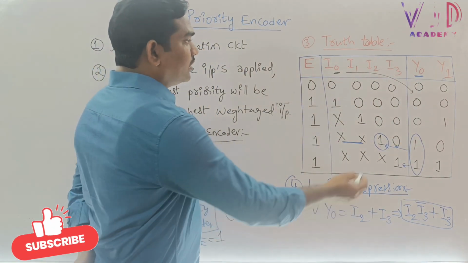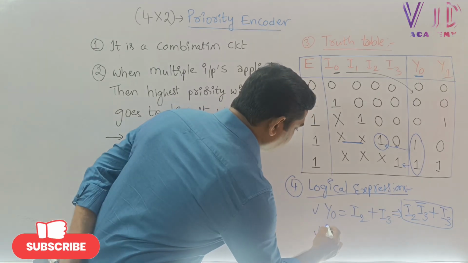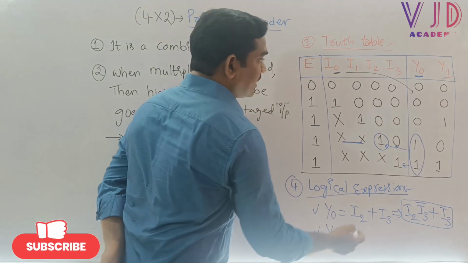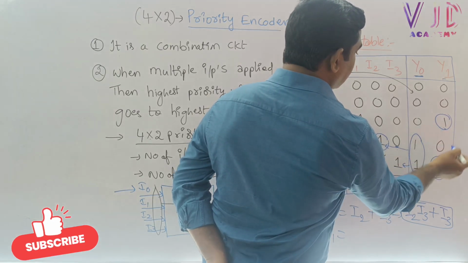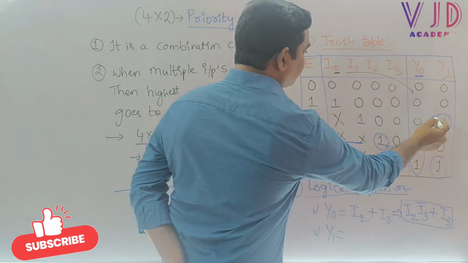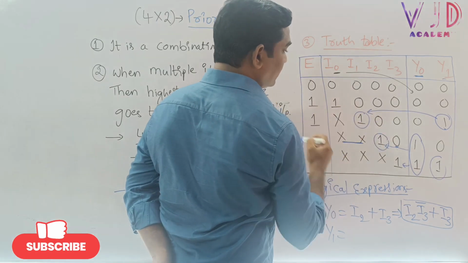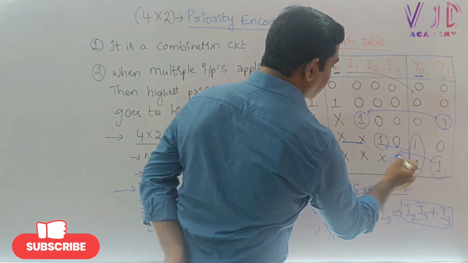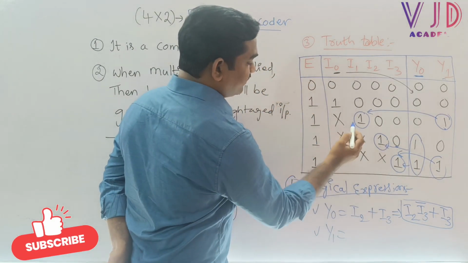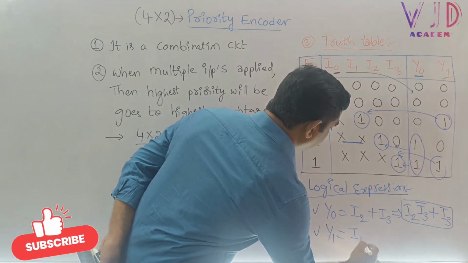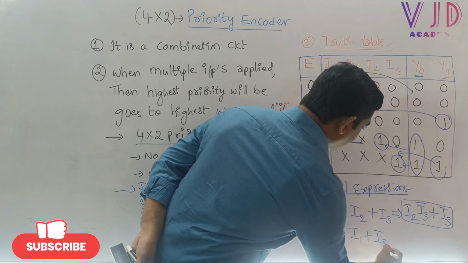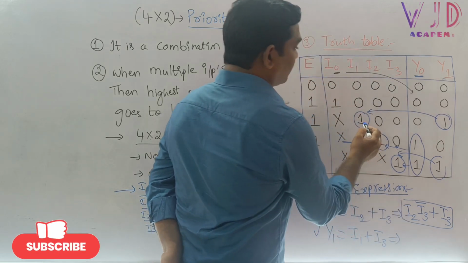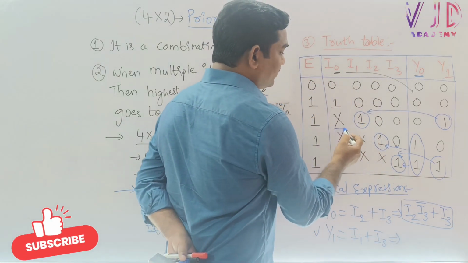Now coming to Y1. What are the enabled outputs here? This is 1 and this is also 1. The corresponding input is I1, and the other corresponding input is I3. Let me write it as I1 plus I3. What are the blocked inputs, sir?